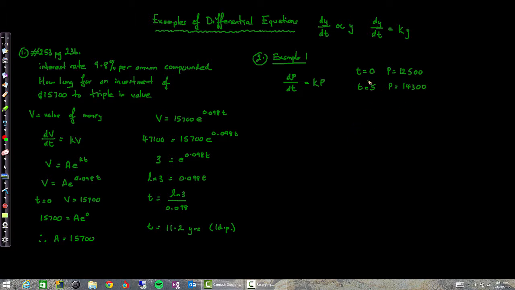Now, whenever they give you this t equals 0, this is a way that we can actually find out the value of a. So the solution to this, as we saw in class today, is p equals a e to the power of kt, and it's starting at t equals 0 with p being 12,500.